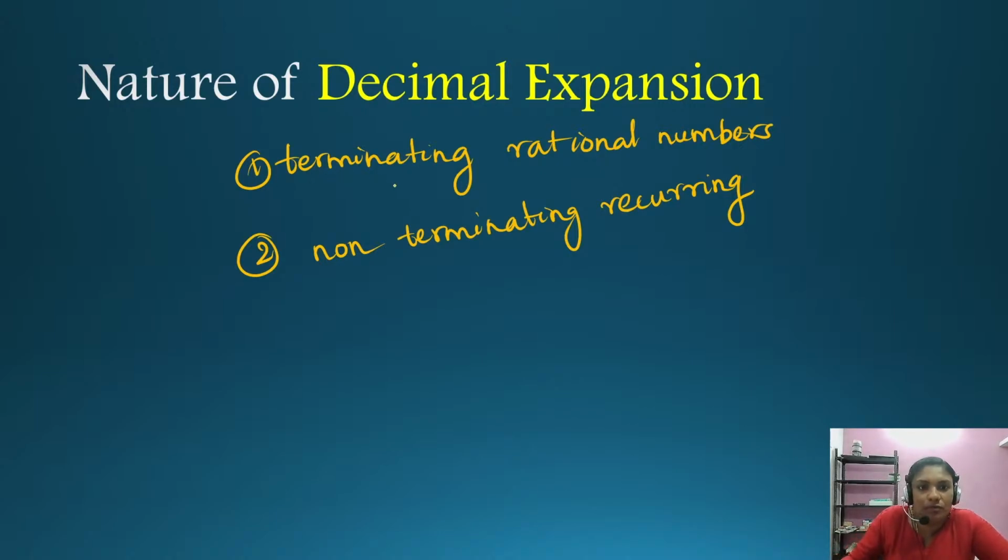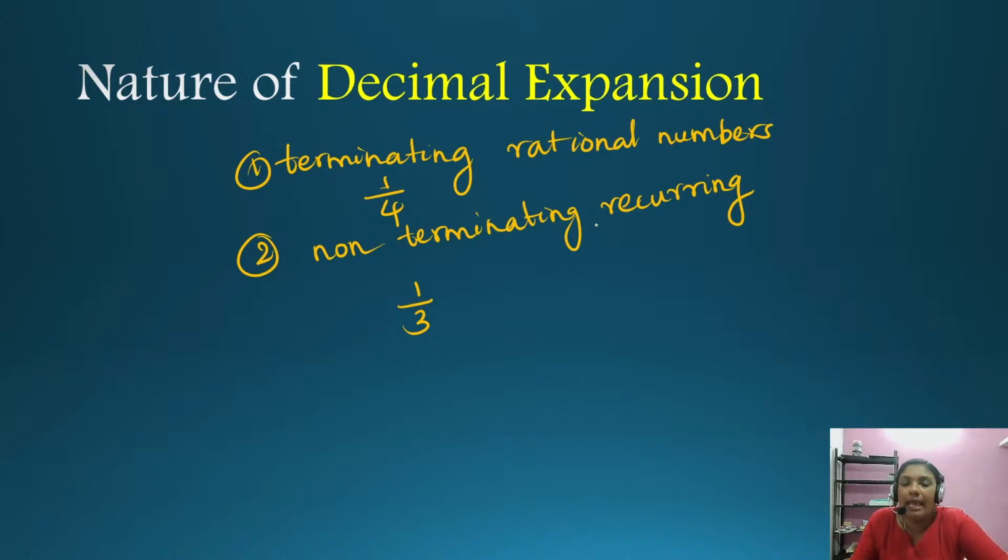So what is the example of terminating? 1 by 4. Why? 0.25. The answer got stopped there. And what about non-terminating? 1 by 3. Why? 0.33333, etc. It goes on like that. They are not terminating, they are not stopping, but they are repeating.